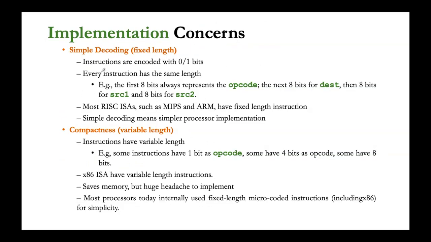In a fixed length instruction, the instructions are encoded with zeros and ones, and every instruction has the same length. For example, if we have 32 bit instructions, every part of the instruction takes the same bits. The first 8 bits always represent the opcode, the next 8 bits the destination, the next 8 bits the source, and the next 8 bits the second source. So that is easy for implementing.